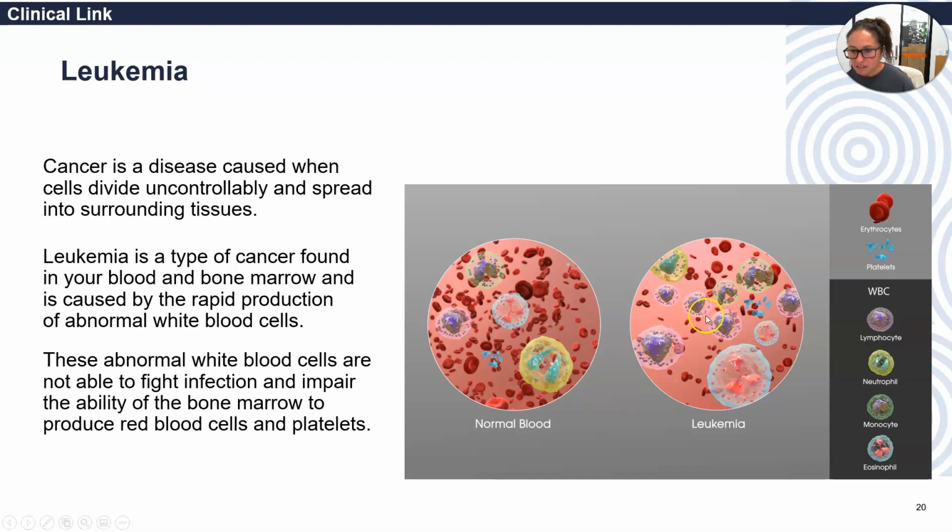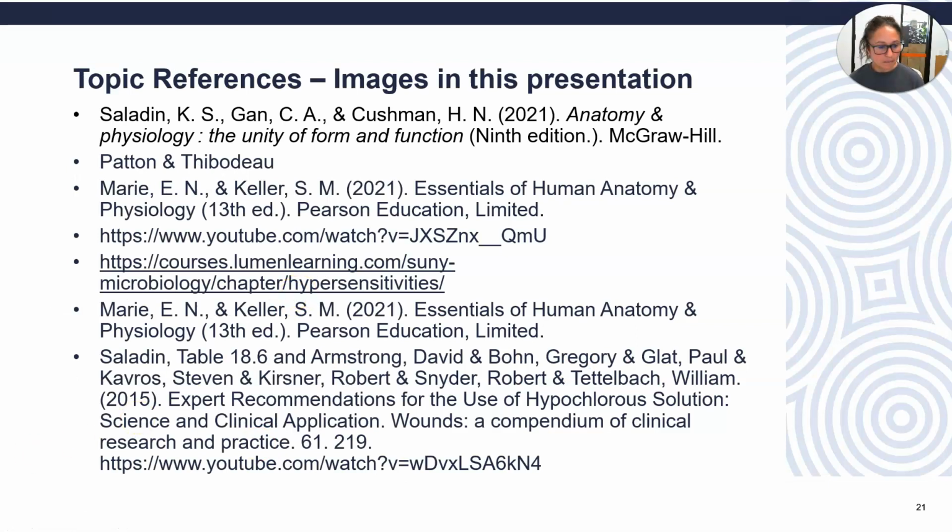You end up with lots of these, which really shouldn't be there. With your monocytes, you end up with too many of those. Your neutrophils are weird. They're coming out, but they're not right. So just be mindful of that. That's what leukemia is. All right, that's it for that part.